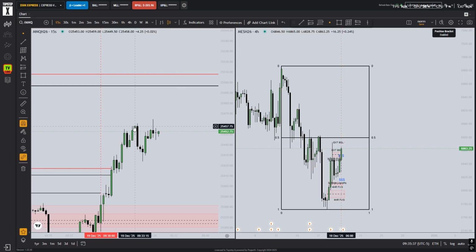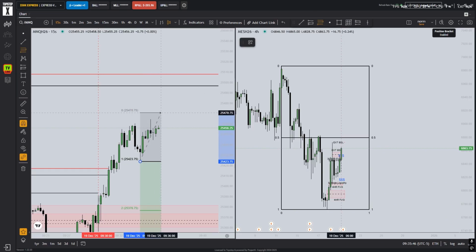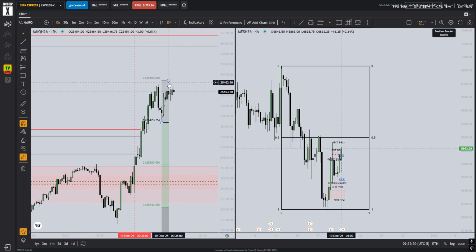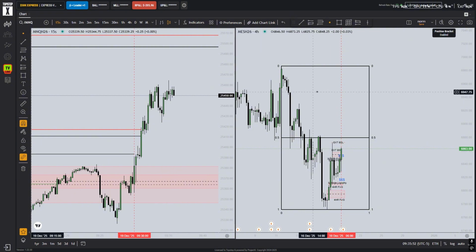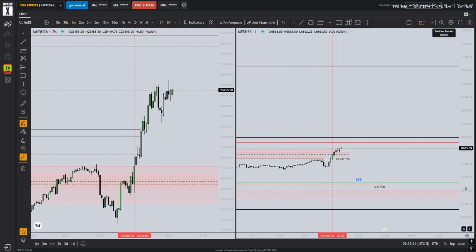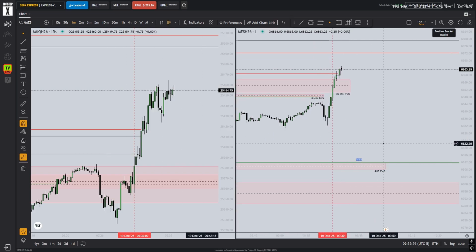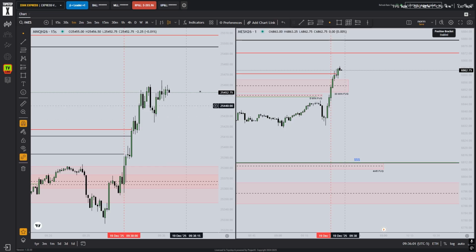Because if I would have went short there and I would have put my stop loss right there, I would have just lost. And that's why you have to be very, very picky about what you're seeing and what you want to see happen. Because if it doesn't align with what you want to see happen, then it's probably gonna fail. Like me taking this short, I could have easily seen this come back down there, and I'm okay with losing that.